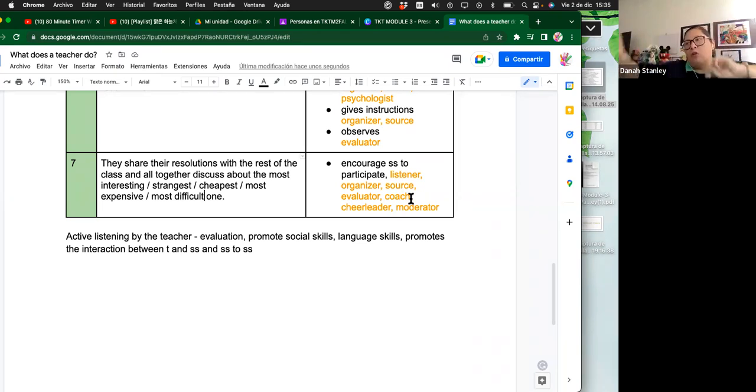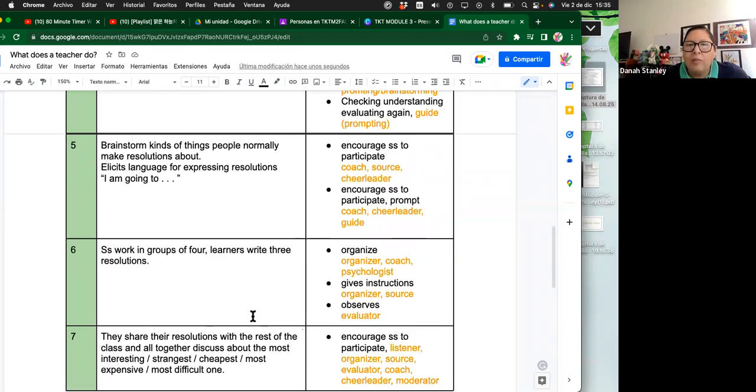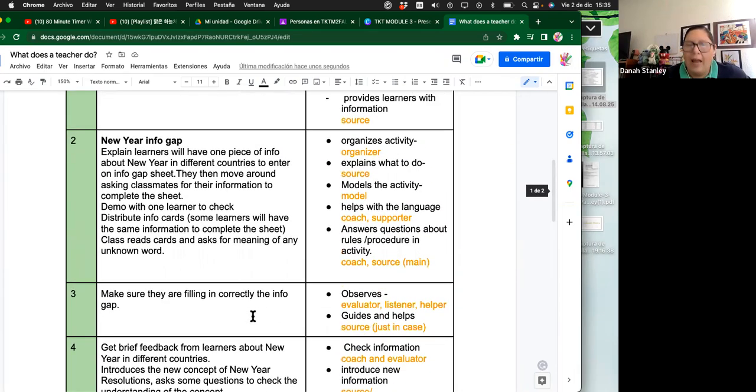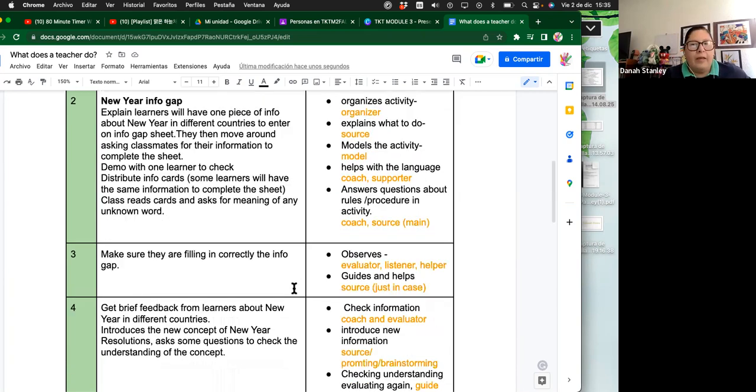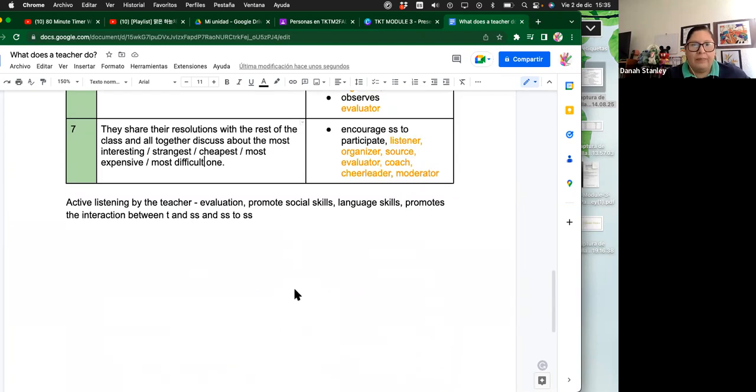Counting the votes, etc. Here, the most important thing is to realize that although the roles are repeated, the intention or the reason why is going to be different.